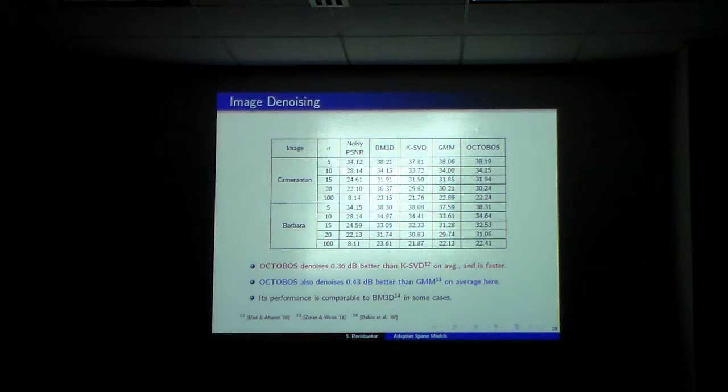And they learn it on a separate training set, the ones that we compare to. And at higher noise, sometimes they perform better, like sigma 100, sometimes they perform better than Octopus. And sometimes not so much. And that may be because they are learning on the kind of clean data. So BM3D at high noise, I need to think about it.